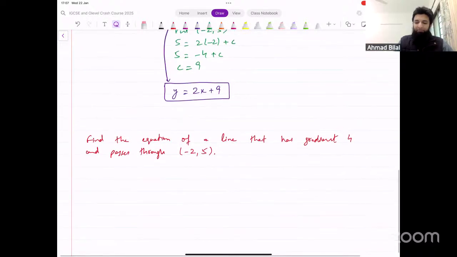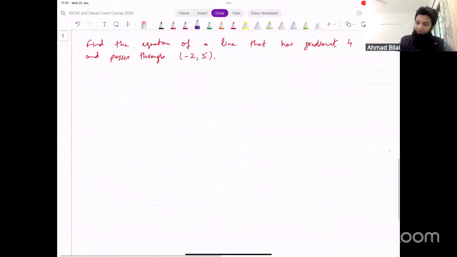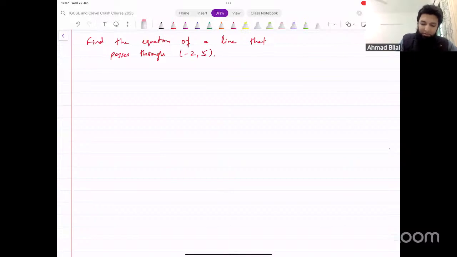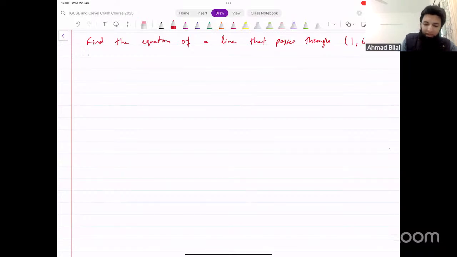Now, let's say we do not have the gradient given as well, and instead they say, find the equation of a line that passes through a point that is 1 and 6, and another point which is -2 and 1. We have a line that passes through these two points. We want to find the equation of this line.